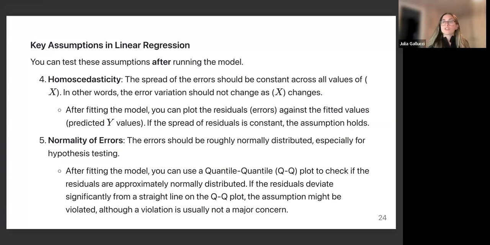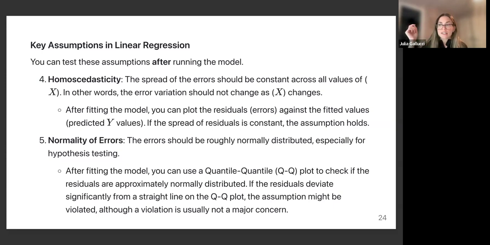Okay. So also we need to meet this assumption of normality of errors. Errors, in this case, are residuals, the difference between the predicted values and the actual values. These should be approximately normally distributed, and this is particularly important for conducting hypothesis tests with regard to model coefficients. After fitting the model, you can get a quantile, or QQ plot, to check for normality. In a QQ plot, if the residuals fall along the straight diagonal, this suggests they're normally distributed.